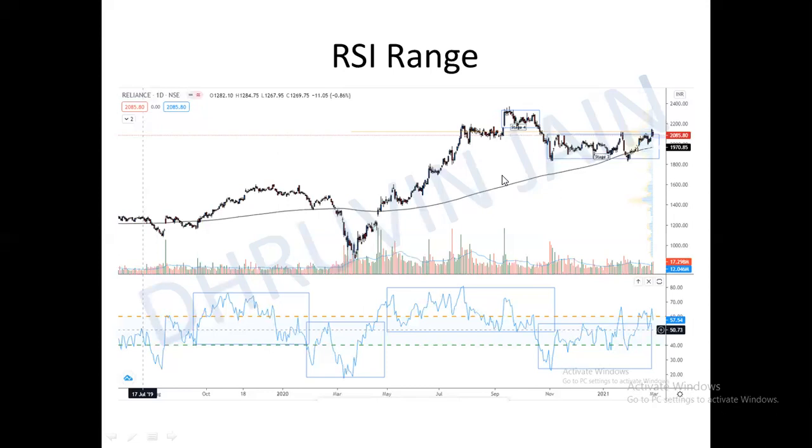When you are punching your order through your broker, in the exchange, you're not punching it like this: RSI is in this zone, at 60 RSI. You won't be saying that, right? You will be saying just give me 5 shares of Reliance at 2085. I want to punch a buy order of 5 shares of Reliance at 2085 rupees.